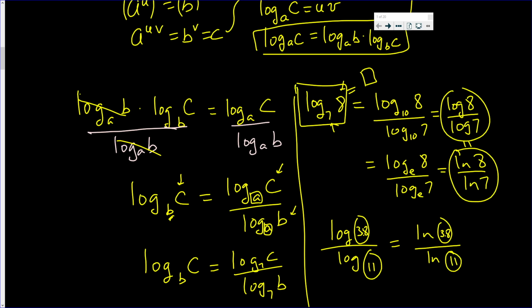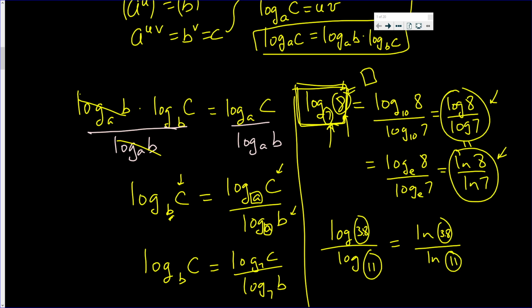You can now calculate numbers like log base 7 of 8. It's either log of that number divided by log of that number, or it's ln of 8 divided by ln of 7. It's not only those two, but those are the only two that we can use a calculator on, because most calculators don't have log base 25.